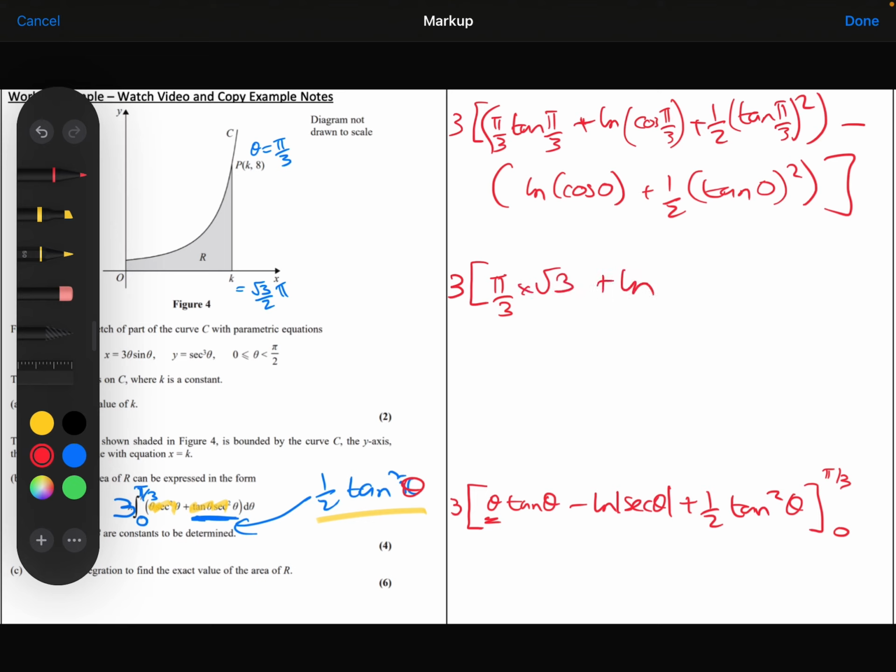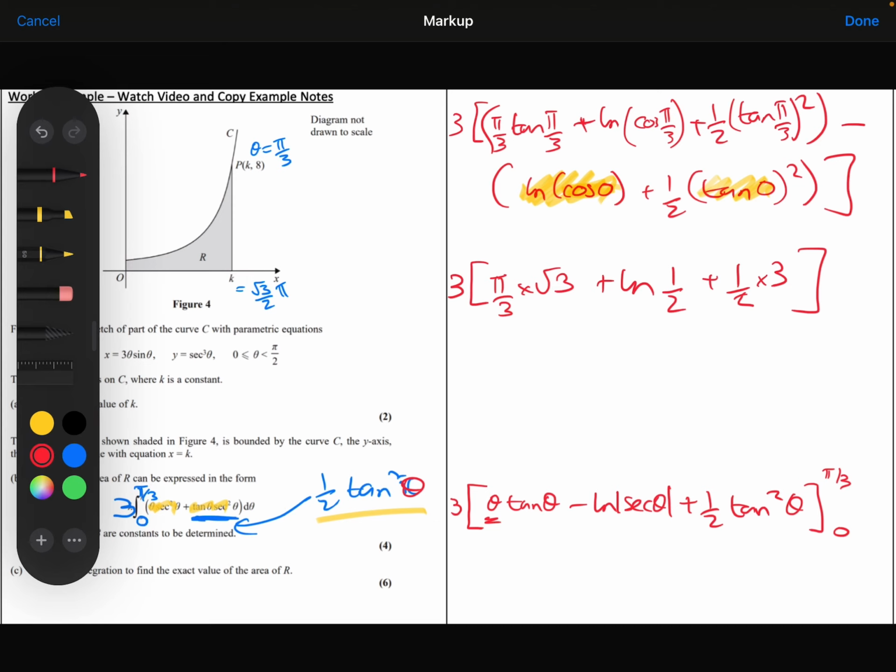Plus ln cos pi over 3 is 1/2. Then we've got 1/2 of tan pi over 3, which we know is root 3, squared, so 3. Cos 0 is 1. ln of 1 is 0. Tan 0 is 0. So 0 squared is 0. So everything else there is going to be 0.